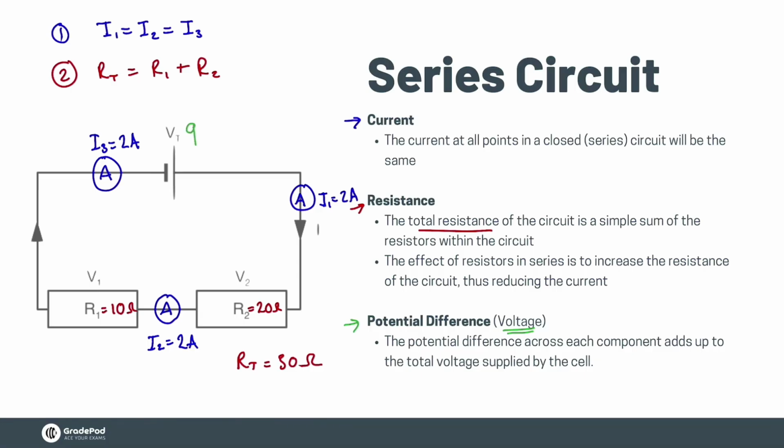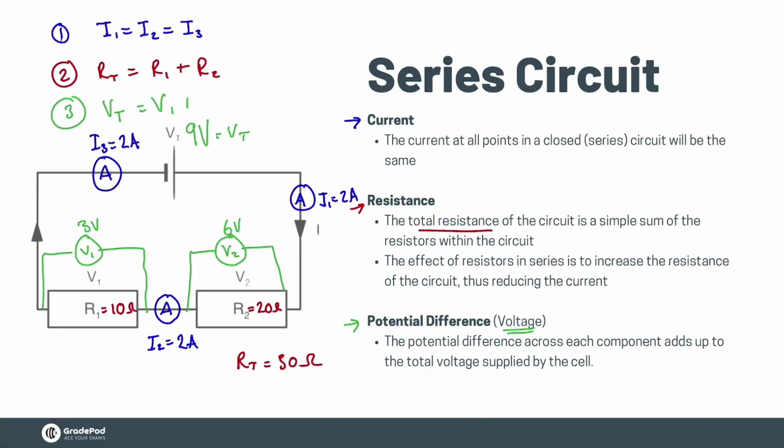So if this was 9 volts, then the voltage across this plus the voltage across this has to add up to 9 volts. Now in this case, this would be 6 volts, and that would be 3 volts, and I will explain that to you in a moment. But VT is equal to V1 plus V2. These three rules make up our rules of a series circuit.